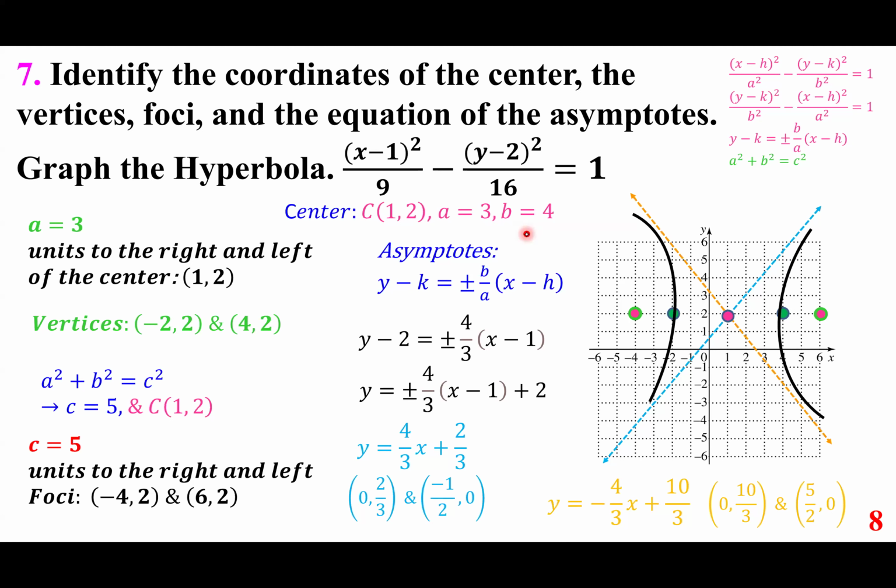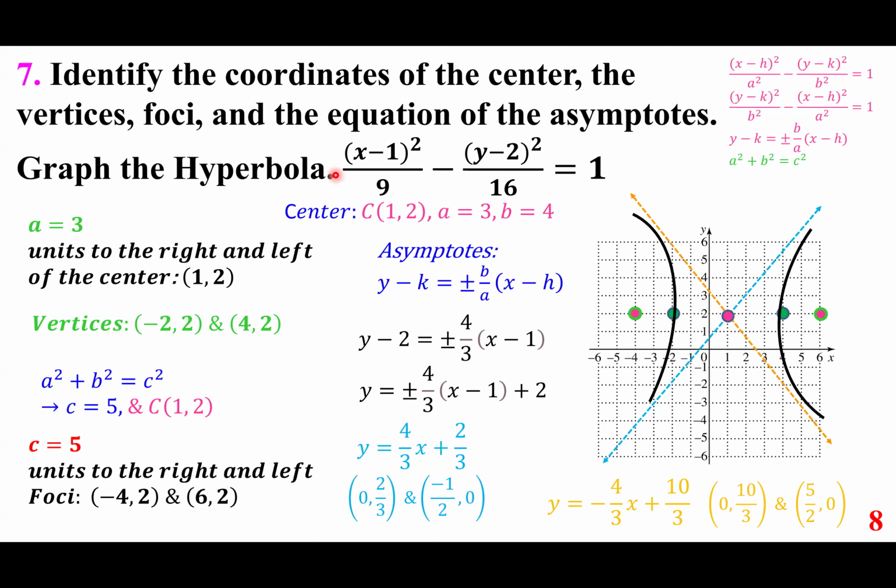We can calculate the asymptotes, which give us these 2 equations, and we draw the 2 lines. By the way, the asymptotes must go through the center.